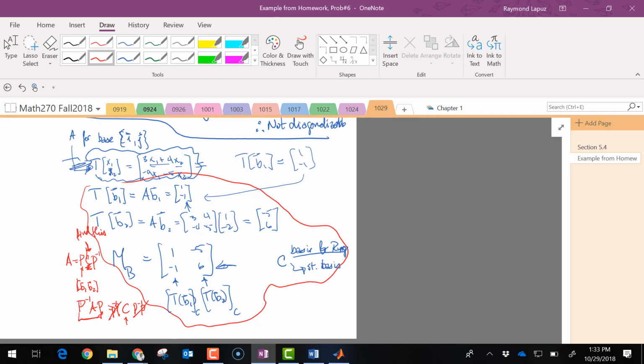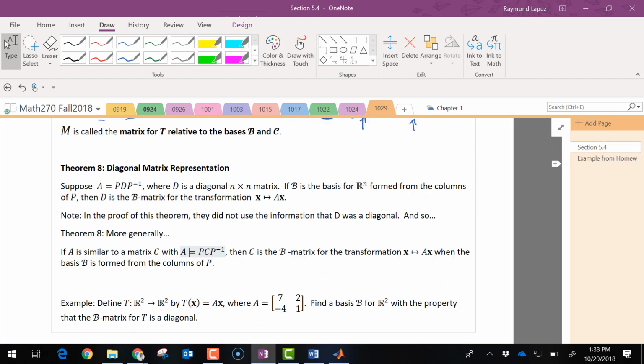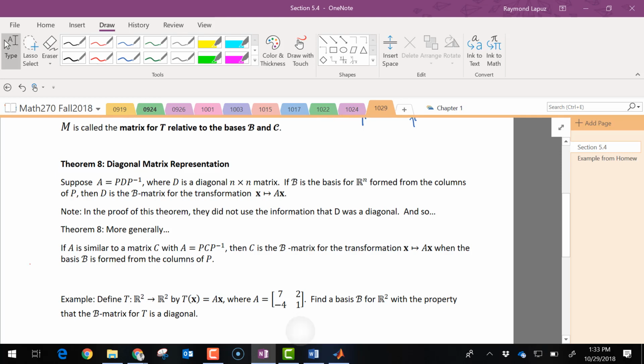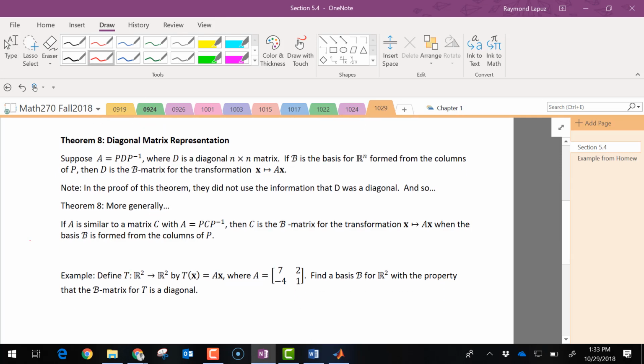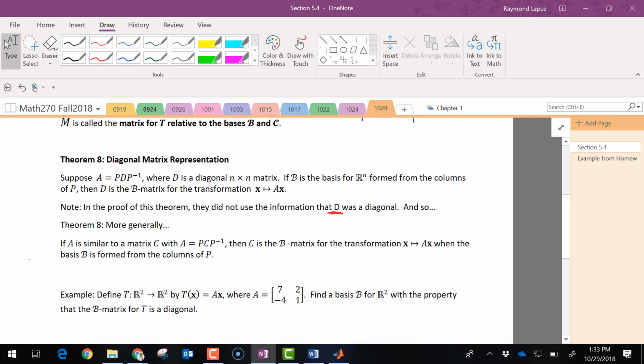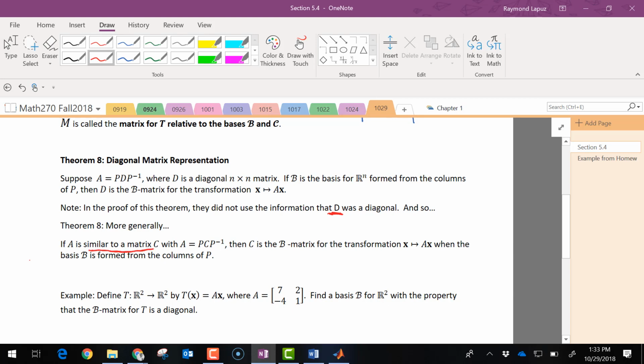That's the other part, we're not really diagonalizing here, because we found that this was actually not diagonalizable. That's the other part of the theorem. It didn't say this in the theorem; it kind of said this after the theorem, that it didn't need to be diagonalizable, and so this can work for any similar matrix. A similar matrix has to satisfy this equation.